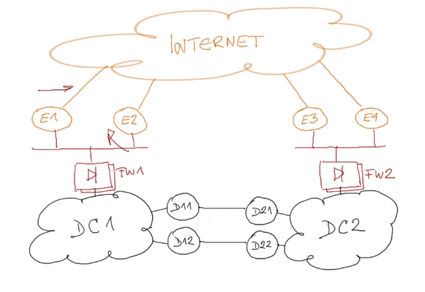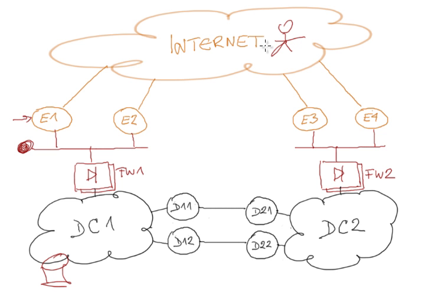So the traffic flow between the internet and a server in one of the data centers would be pretty simple. You would have the server here and a user somewhere here. The edge routers in the data center would advertise the public IP prefix to the internet.